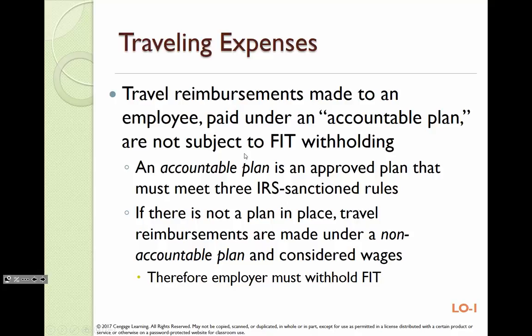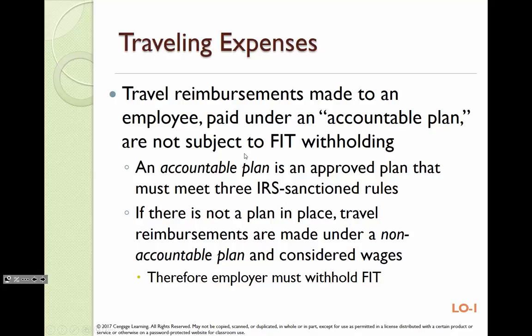And all that terminology means is that it's an Internal Revenue Code sanctioned reimbursement plan. In other words, they want to make sure that if I, as the employer, am going to write off travel expenses, I'm handling the process correctly.